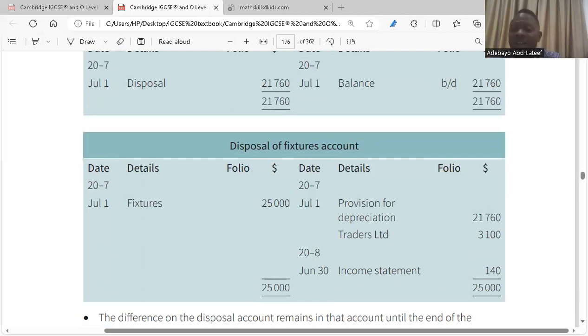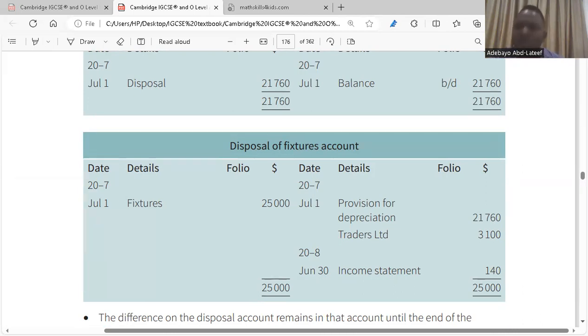So whatever you sell, you still sell the fixtures, right? Yes. They are still all sold. Some are sold apart, then the provision was made. So you have them together. The difference between them gives you 140. The provision for depreciation, yes, for fixtures. And certain fixtures were sold too, yes or no?